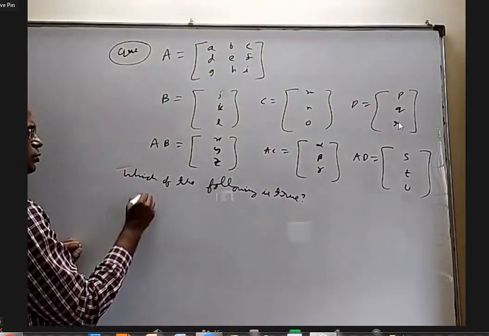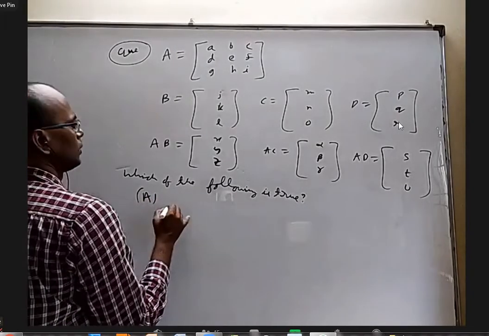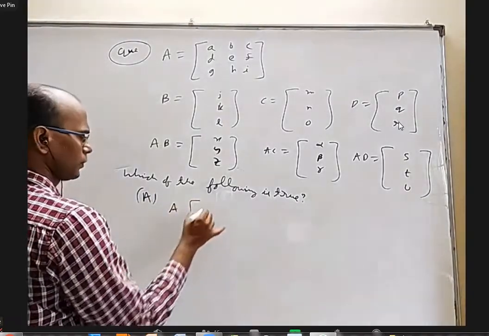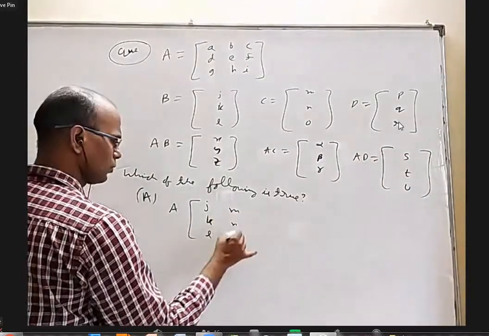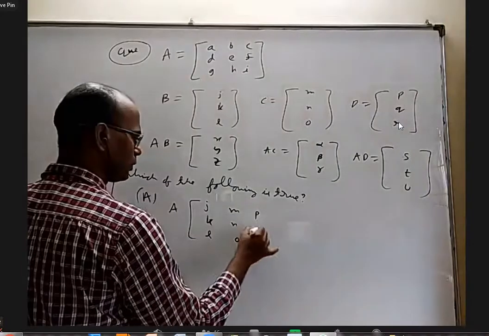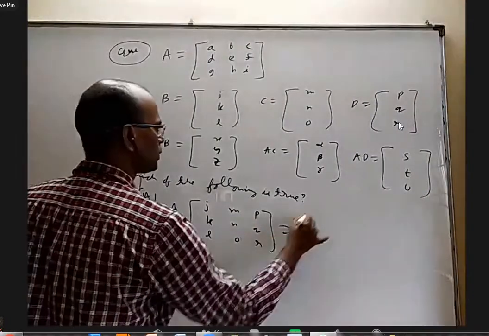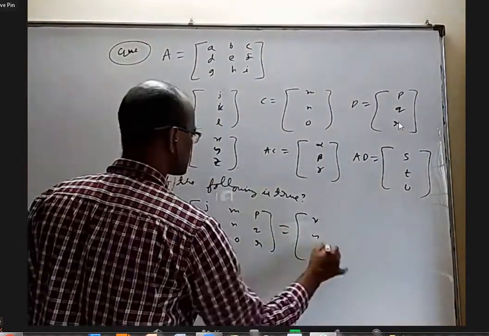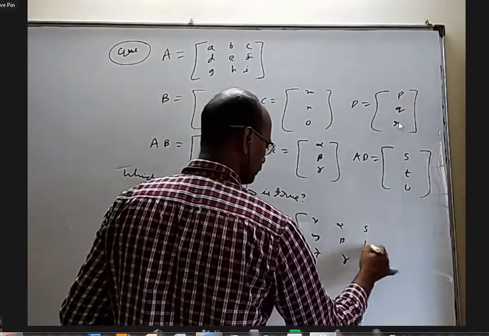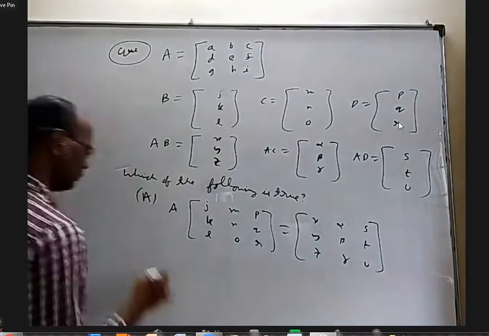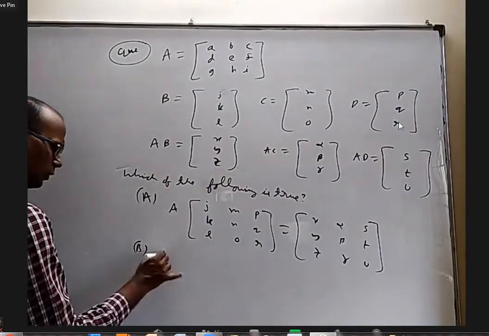Okay, first option. A into J, K, L, M, N, O, and P, Q, R is equal to X, Y, Z, alpha, beta, gamma, S, T. Leave it.